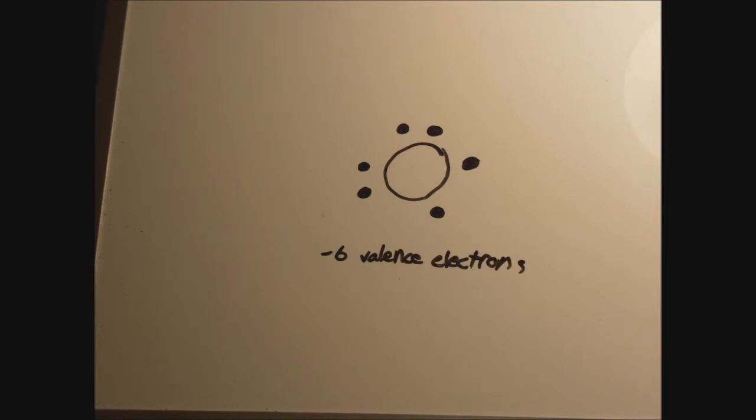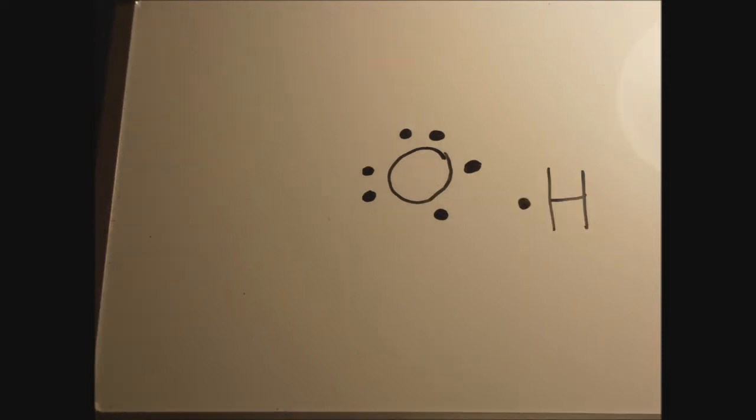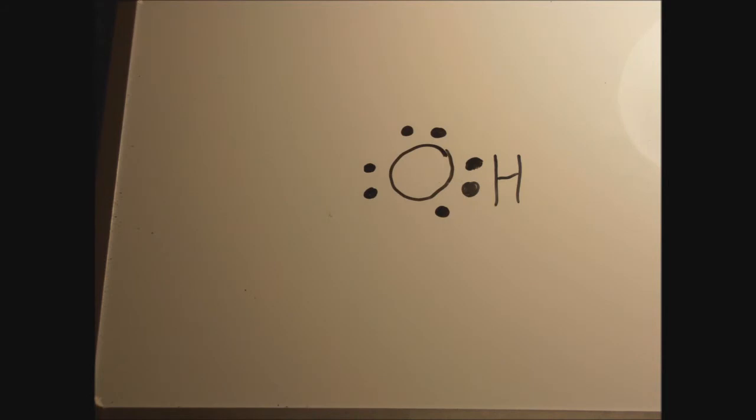And when we are combining it with one hydrogen, the hydrogen forms a bond with the oxygen, and as you can see, they share a pair. The hydrogen shares to create a full outer circle, and the oxygen uses one of the hydrogen's valence electrons to try to make it.